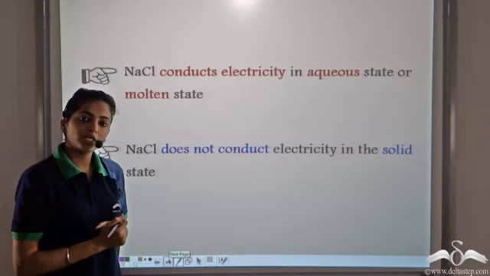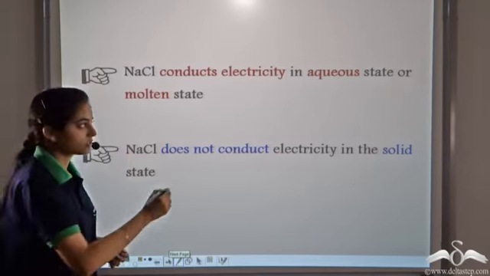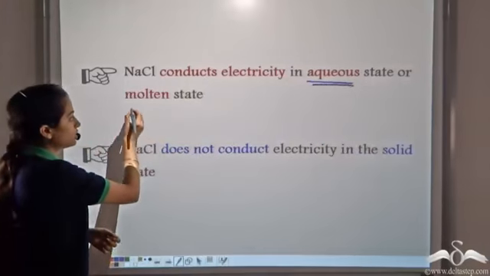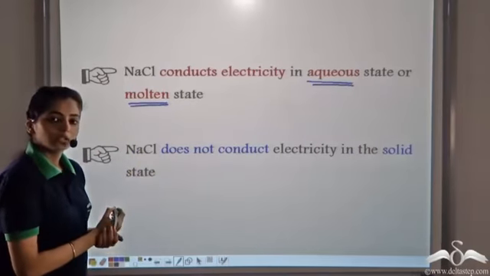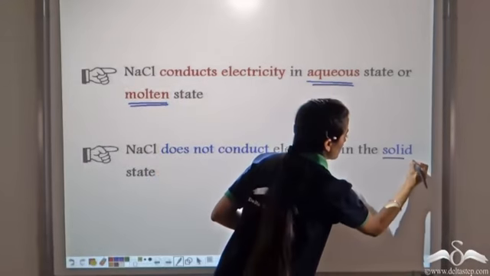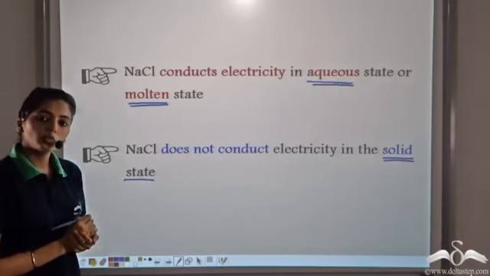So from these experiments, what have we observed? We have seen that NaCl conducts electricity in the aqueous state or in the molten state. But it does not conduct electricity in the solid state. And we know why.